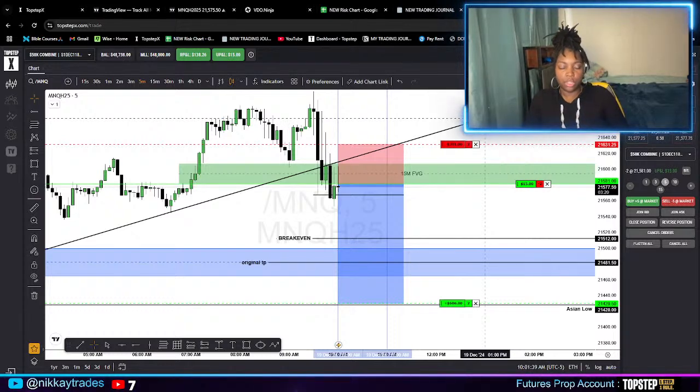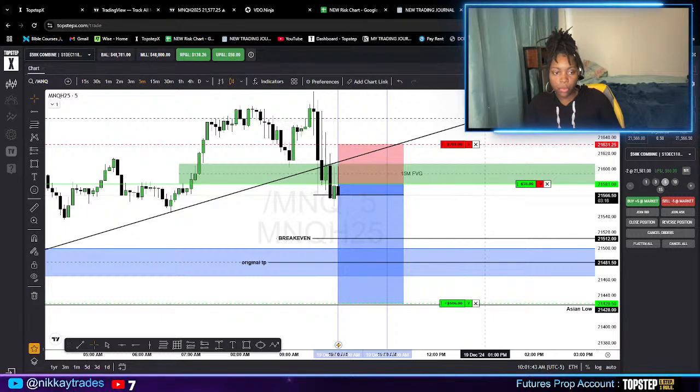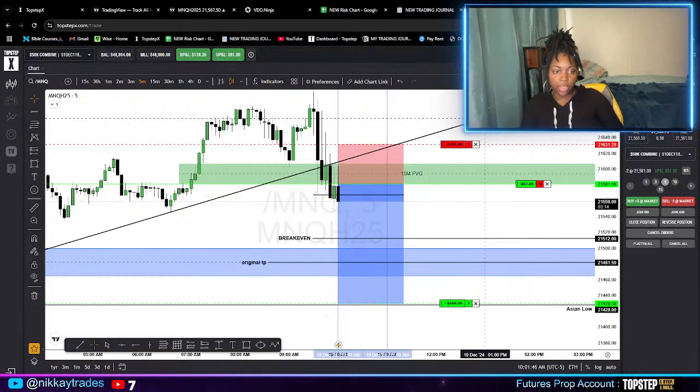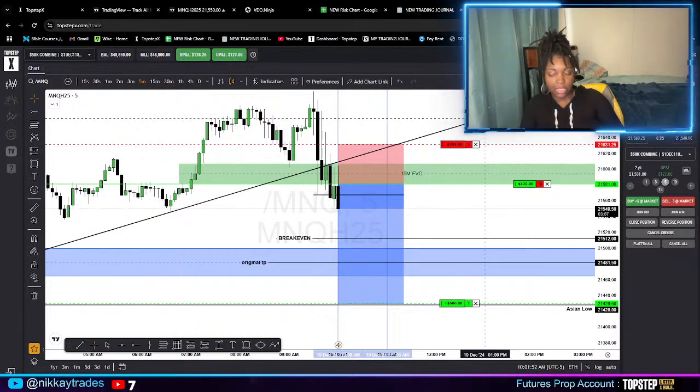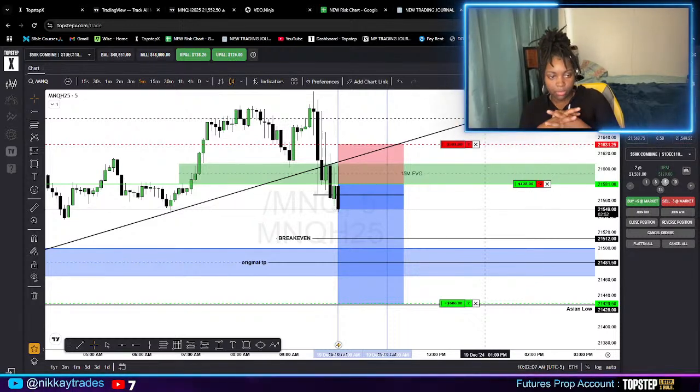You can look at a setup and know the draw on liquidity is right here, but you have to wait for that specific time, because price can do whatever it wants until that time hits. Time and price have to match. That's why I only trade between 10 and 11, and there's a macro right before that, so I try to take a trade right before it.